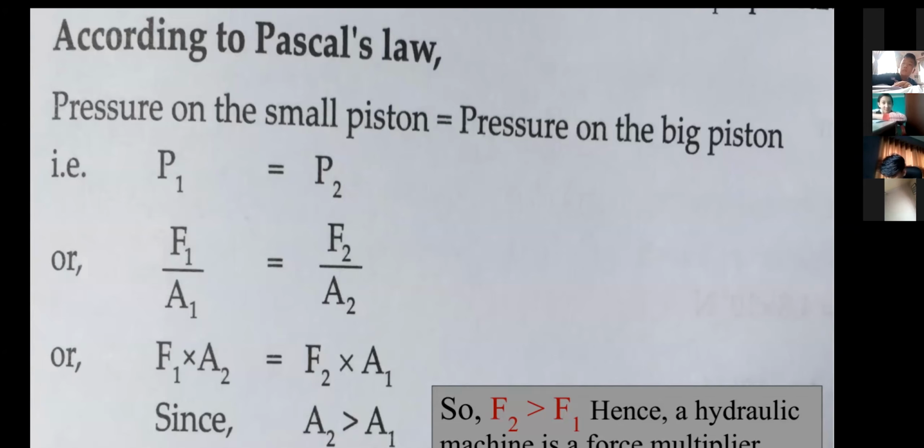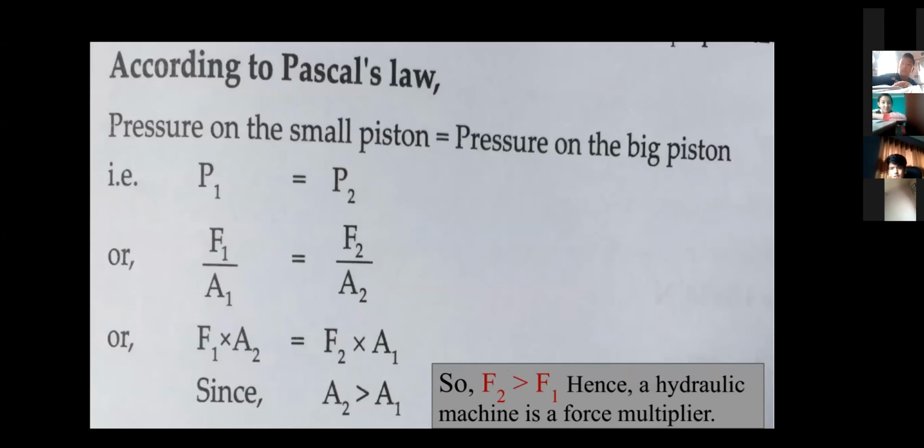According to Pascal's law, we have been reading that pressure transmitted is always equal at all points, that means in all directions. The pressure P1 and P2 we assumed must be equal. So pressure on the small piston is equal to pressure on the big piston, where P1 denotes pressure on small piston and P2 denotes pressure on the big piston.